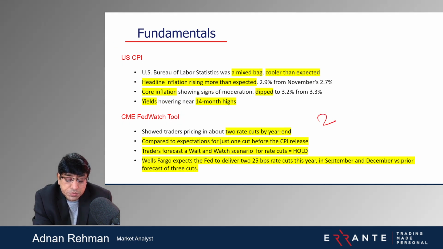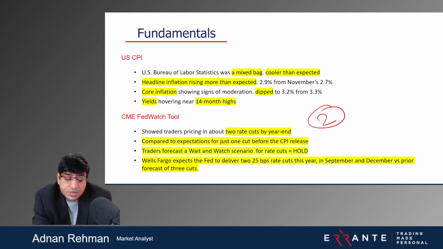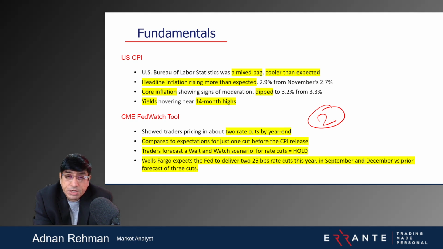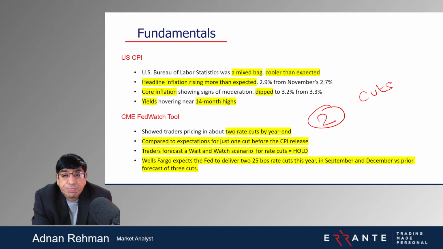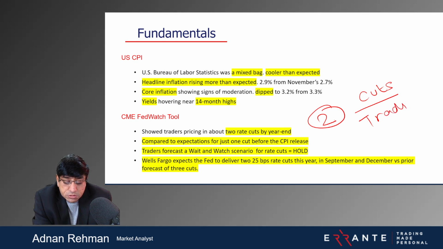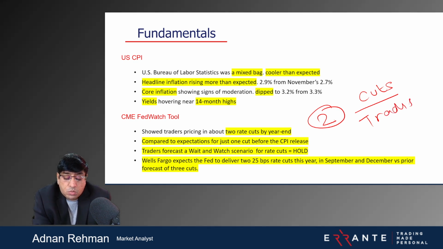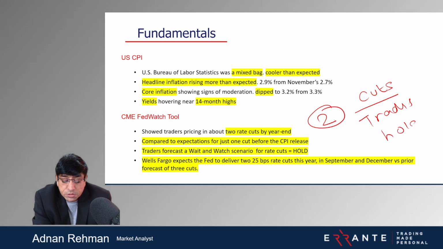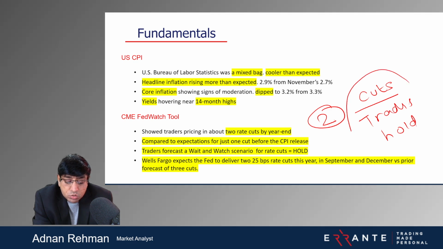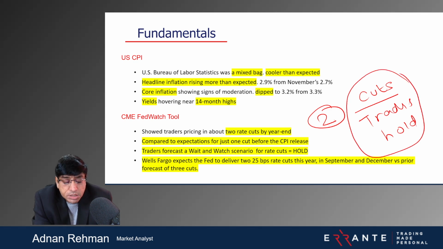Now there are two prospects over here. One school of thought, the CME tool, is saying that they will go for cuts. The other one is the traders like you or me, who are expecting a hold scenario. I'll explain these two things right now with facts.